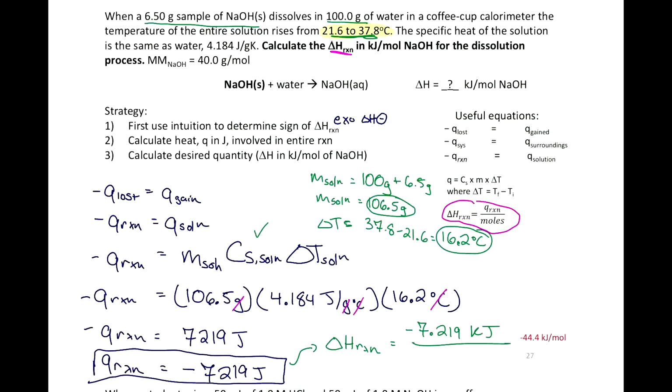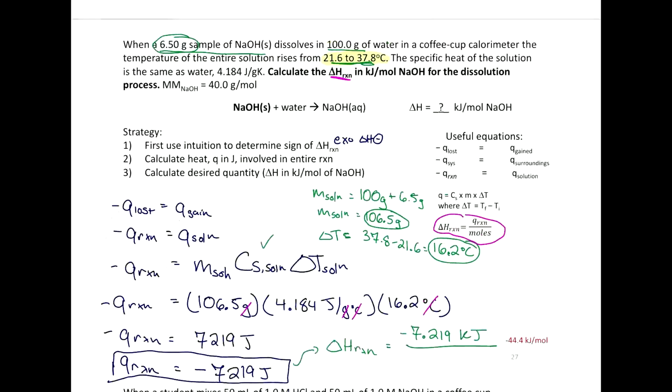But this reaction only reacted 6.5 grams of sodium hydroxide. So together with sodium hydroxide's molar mass, which is 40 grams per mole, we can convert that number into a mole amount. I'll just do that in one step here. So 6.5 grams, we're going to divide by its molar mass, so 40 grams is 1 mole.